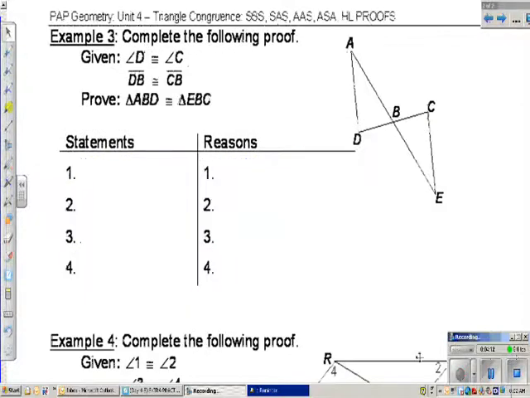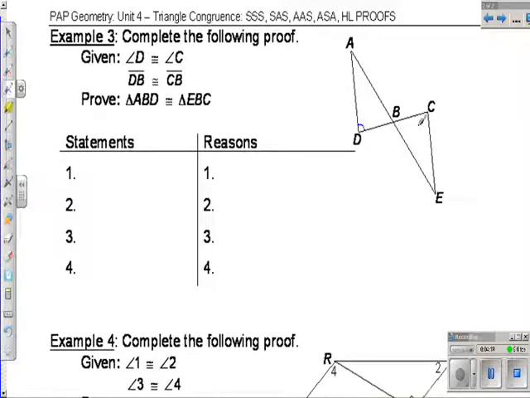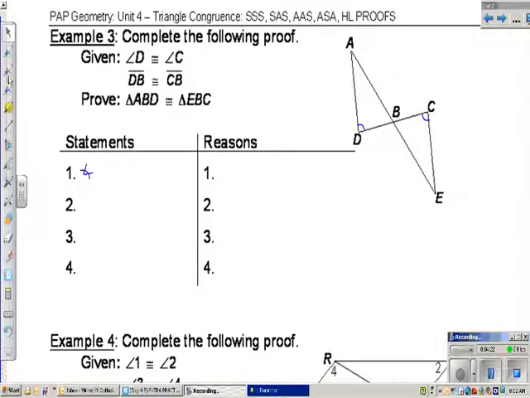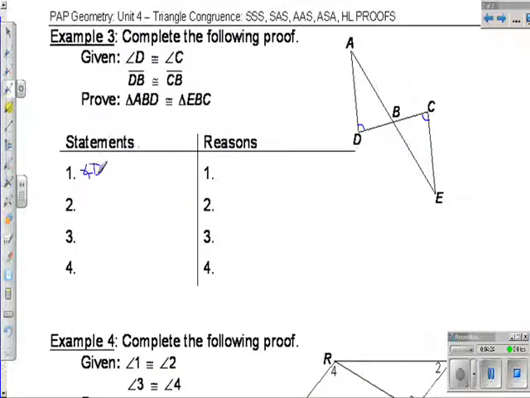Now this one tells you that you're given that angle D is congruent to angle C, so I'm going to go ahead and write down my given. I also know that DB is congruent to CB by given.